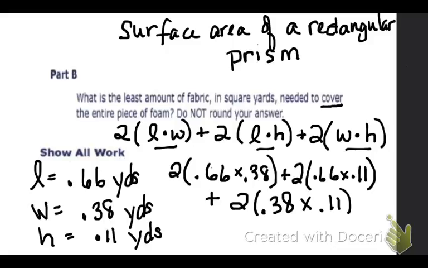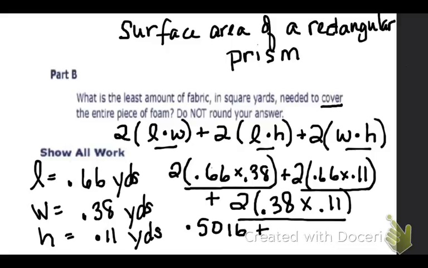Now I put each piece into my calculator, because calculators are allowed. Order of operations tells me to multiply first. So I get 0.5016 plus 0.1452 plus 0.0836.